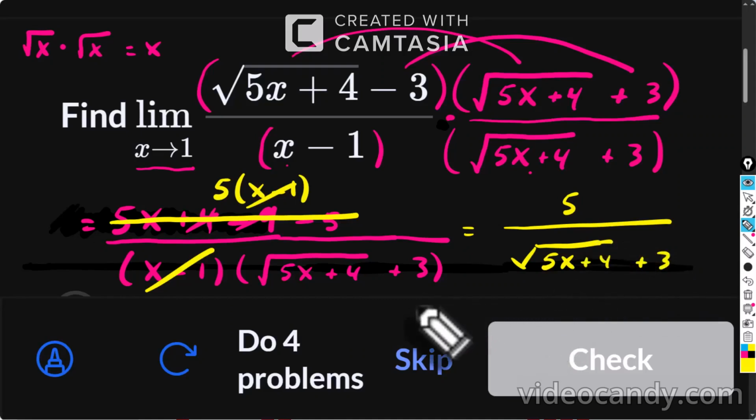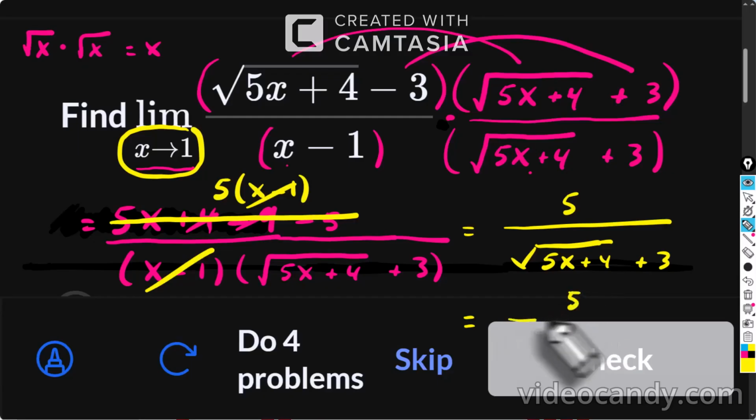And now, at this point, we can use direct substitution, okay? So since x is approaching 1, we can just plug that in right there. That's going to give us 5 divided by the square root. 5 times 1 is 5, plus 4 is 9. So it's just the square root of 9 plus 3.